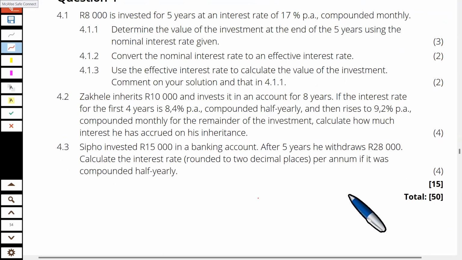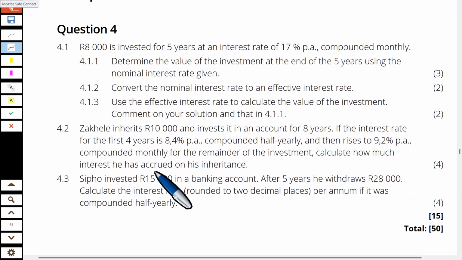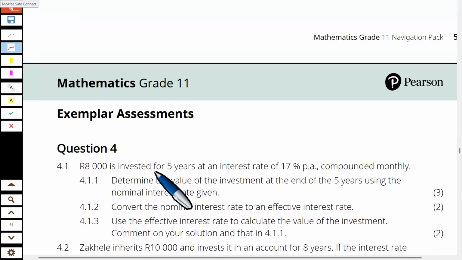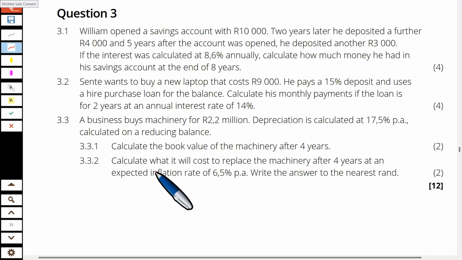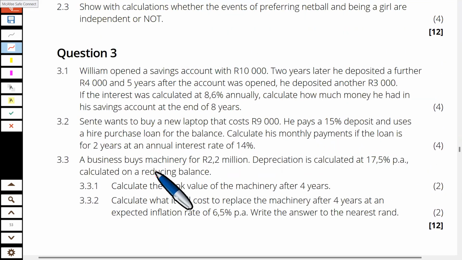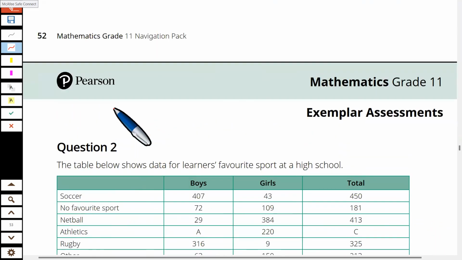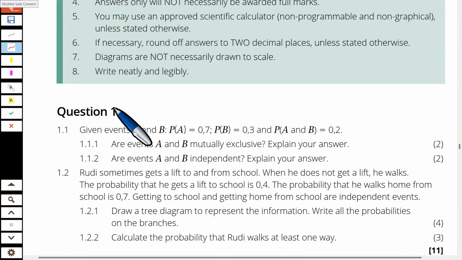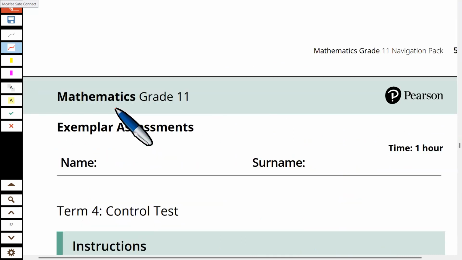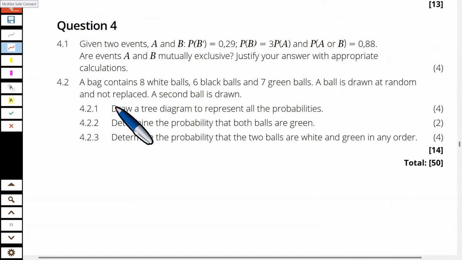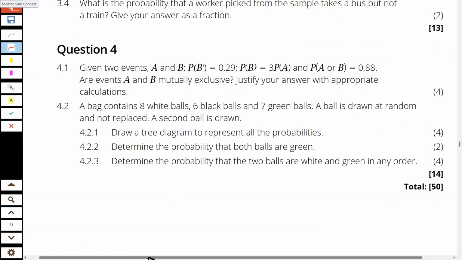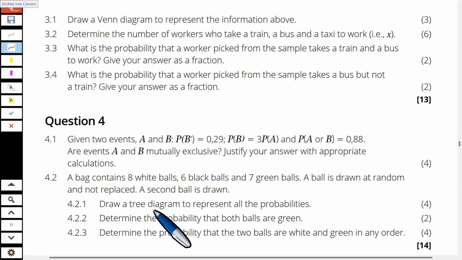Right, we did Sipho, we did Zakele, and we converted the rates. We did Centre, we did William. I'm looking for other questions on finance that we can study and make sure we understand.